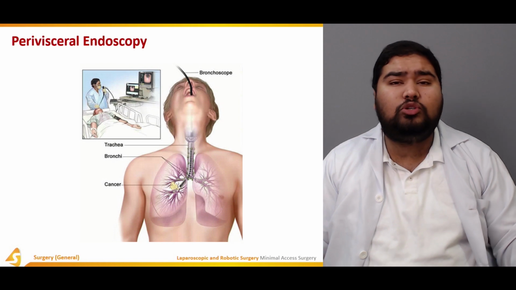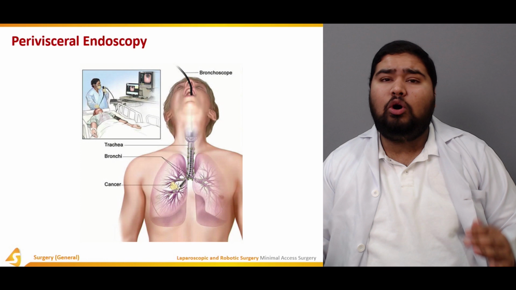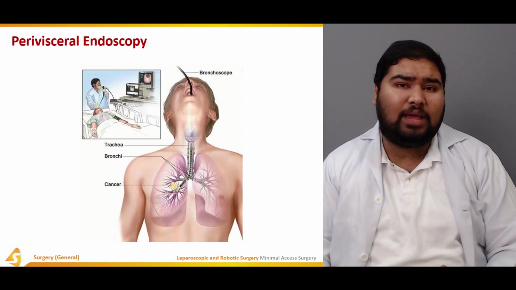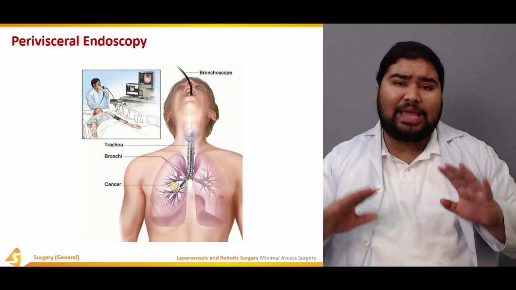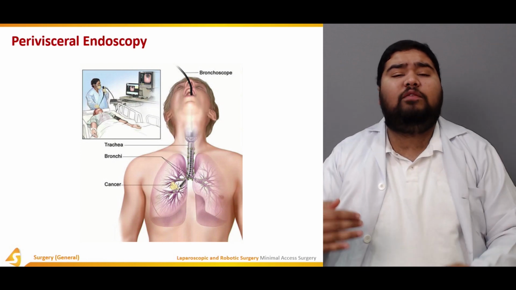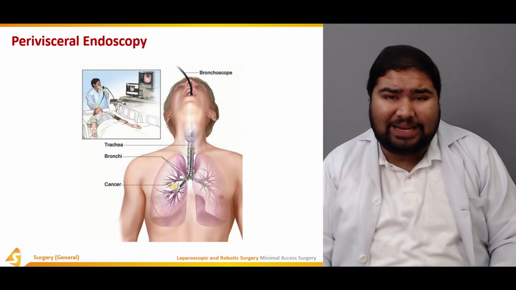This helps you to plan your surgical resection in that area, or the maneuvering of structures in that area. So that is very important. So in perivisceral endoscopy, you tend to have a view around the viscera with the help of an endoscope being inserted into the hollow lumen of that viscera.